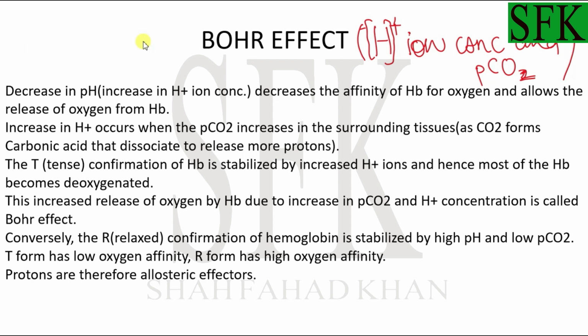The Bohr effect tells us that whenever the partial pressure of carbon dioxide increases, and this usually occurs in the tissues where tissue respiration is very high, and as you know, carbon dioxide is a byproduct of respiration, so it is released. This carbon dioxide dissolves in the water of the red blood cells.